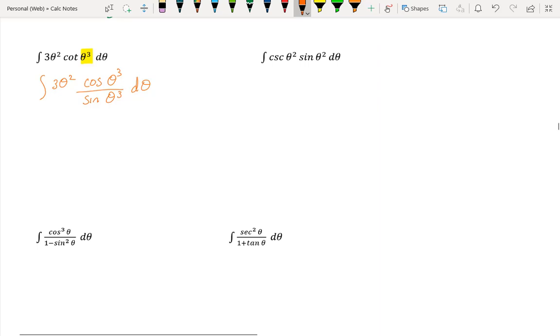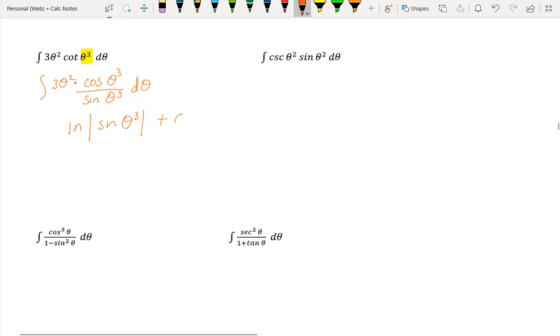Well, it would definitely involve a cosine theta cubed, and it would also have a 3 theta squared as a partial derivative. So again, you can see that the numerator contains the derivative of the denominator, and so this is going to be a log function. So this is going to be the log of the absolute value of sine of theta cubed.